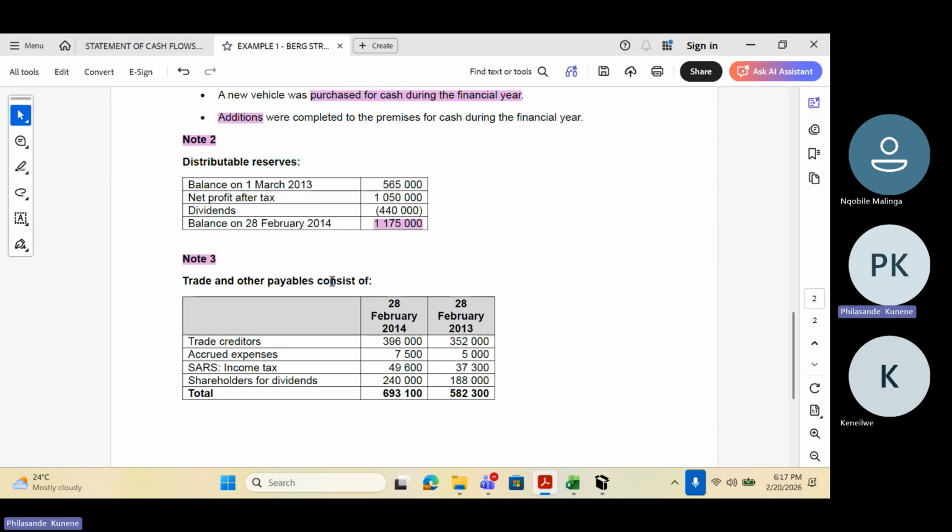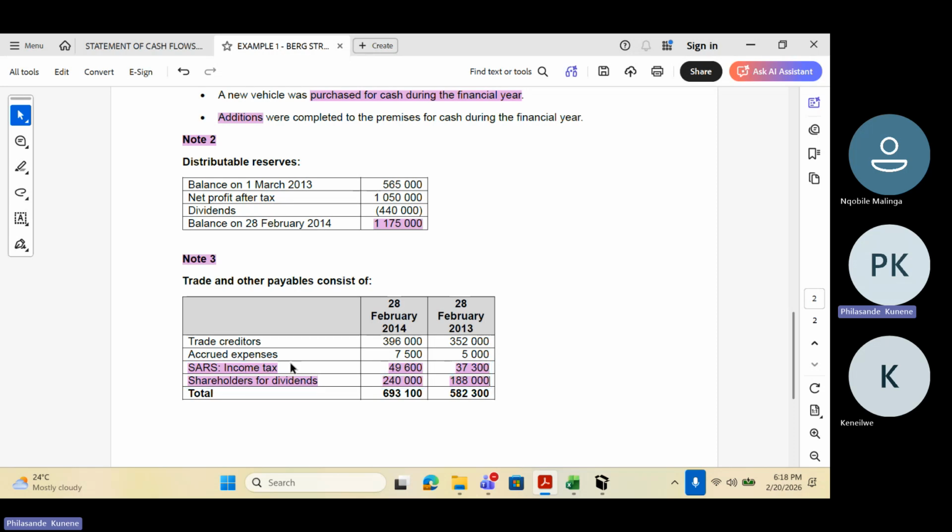Note number 3, trade and other payables consist of trade creditors, accrued expenses, SARS income tax, and shareholders for dividends. In a note like this, the reason why they're breaking this down is because they want us to exclude these two, because these two we calculate separately. They're not part of trade and other payables when it comes to the cash flow statement. So we usually do the calculation separately.